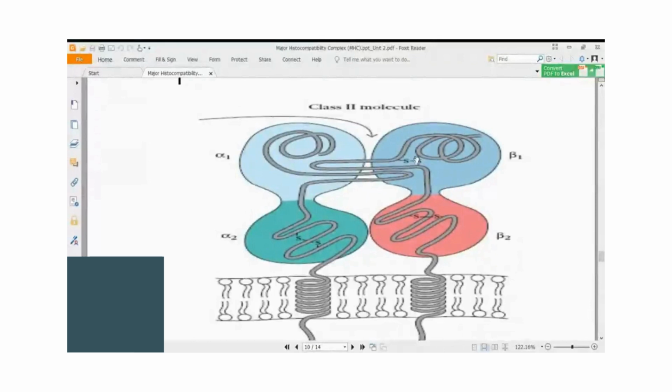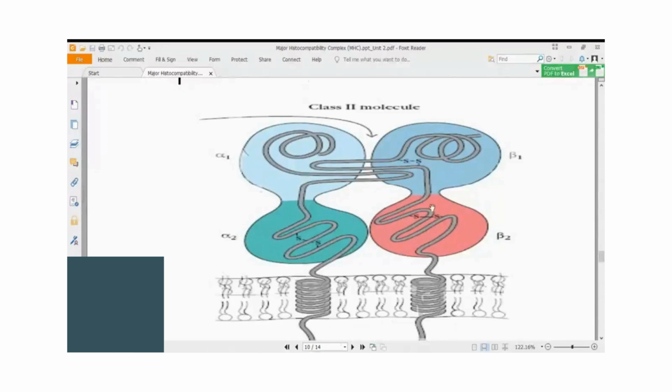Okay, so like in class 1 MHC, there are 6 haplotypes expressed on a cell. Here, 12 haplotypes of class 2 MHCs are expressed on an antigen presenting cell. It is 2 different peptides, therefore it is a heterodimer. And alpha chain is about 33 kilodaltons and beta is about 28 kilodaltons.